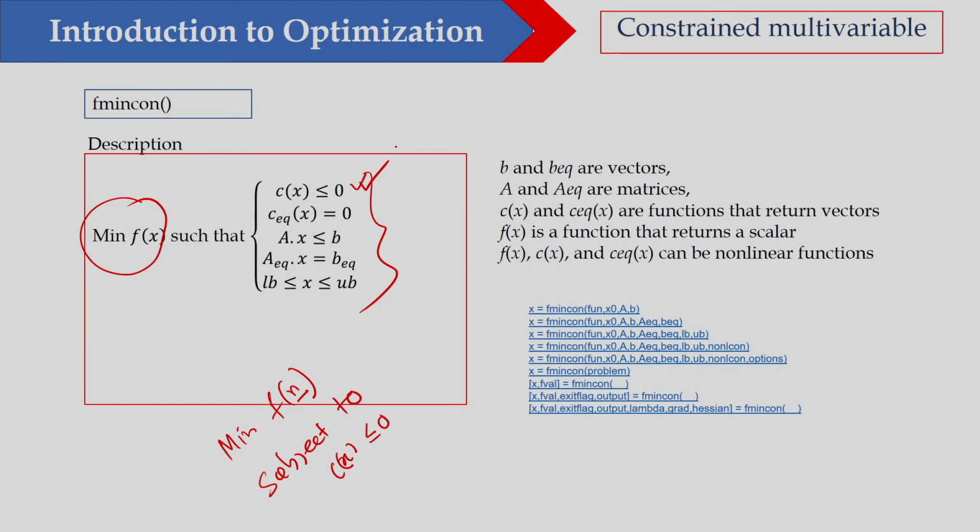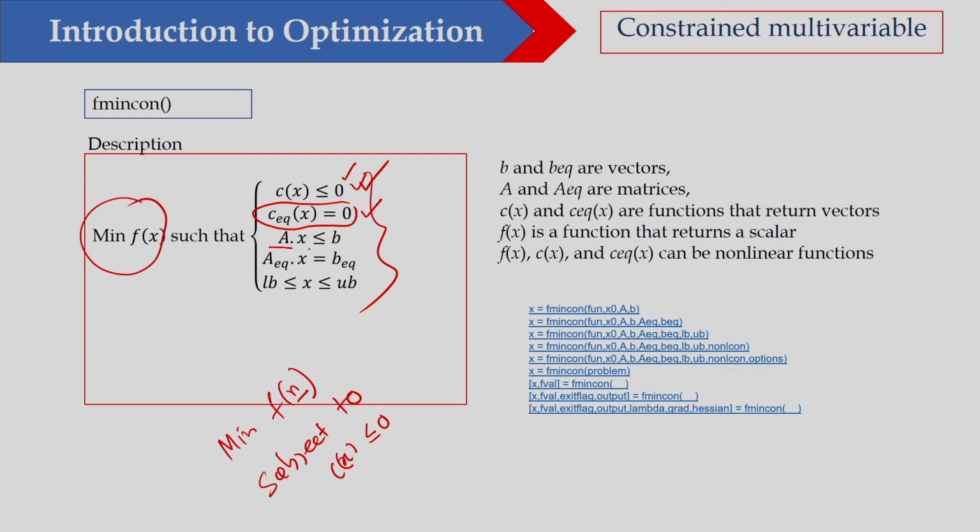The first one is c(x) less than or equal to 0, that means this is a non-linear inequality constraint. Then the second one is ceq(x), that means this is a non-linear equality constraint. The first one is an inequality constraint and this is an equality constraint.